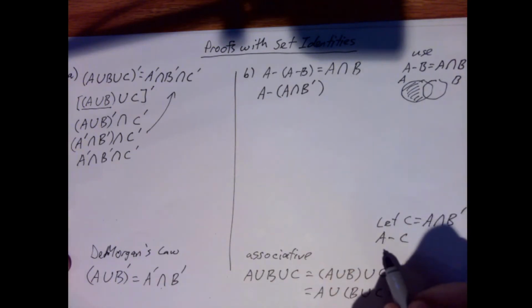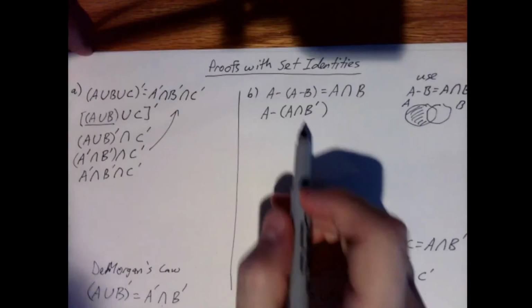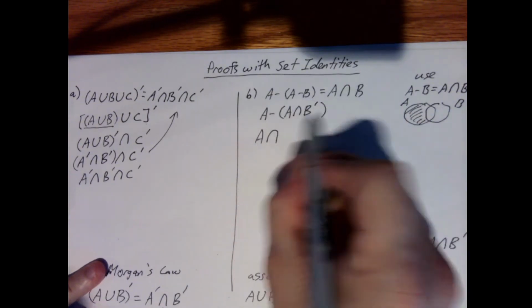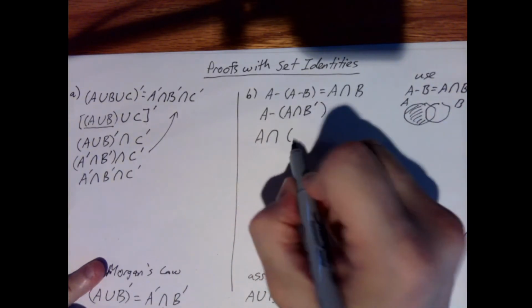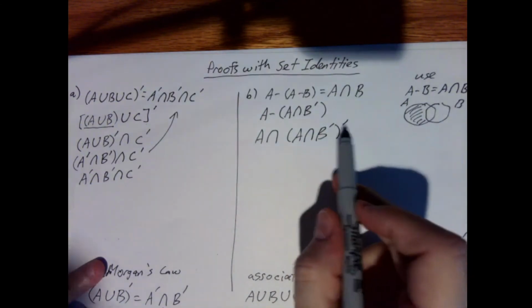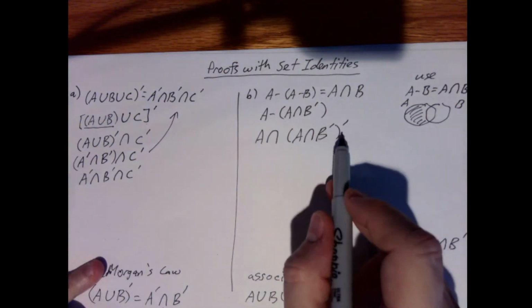Well, this then becomes the intersection of A and not C. So I'll use that idea right here. So this will be the intersection of A and not this set, or excuse me, the complement of it. It's not logic. Right? So there's the idea.